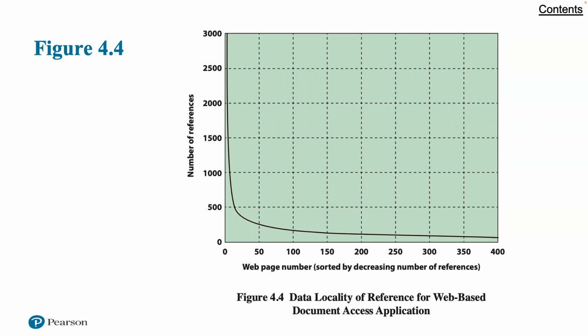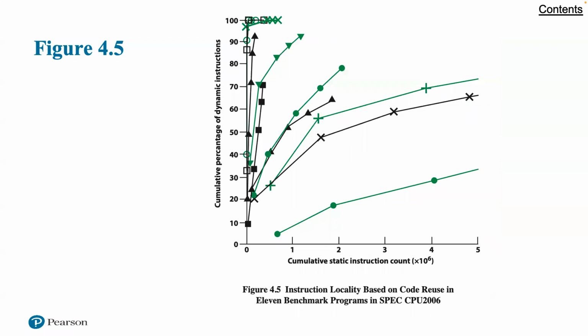The access scheme makes use of a document cache at the browser that can temporarily retain a small number of documents to facilitate reuse. The study covered 220,000 documents distributed over 11,000 servers. As shown in this figure, only a very small subset of pages incorporates a high number of references, while most documents are accessed relatively infrequently. So those are some helpful statistics for us in figuring out how we're going to design our memory architecture.